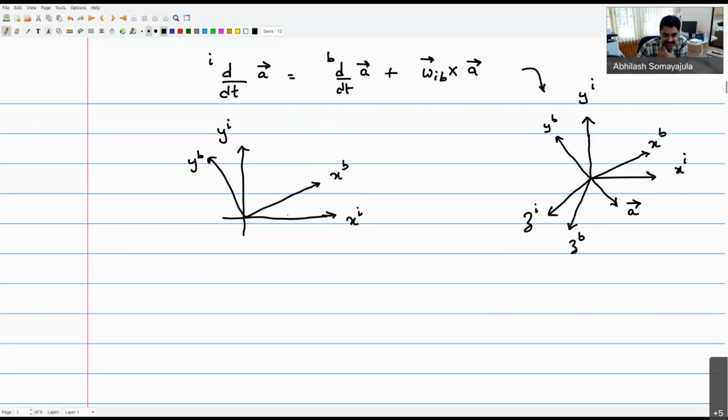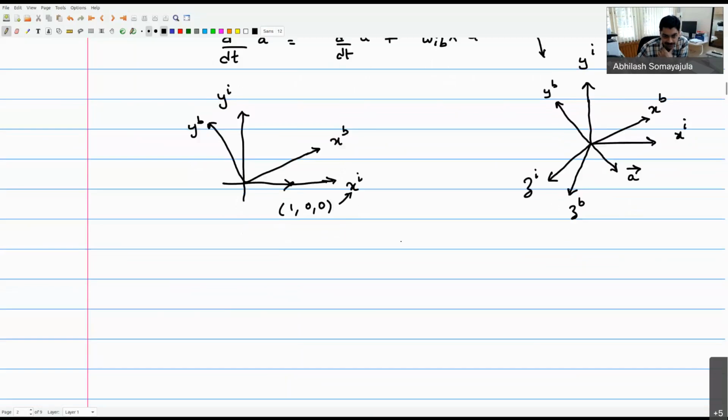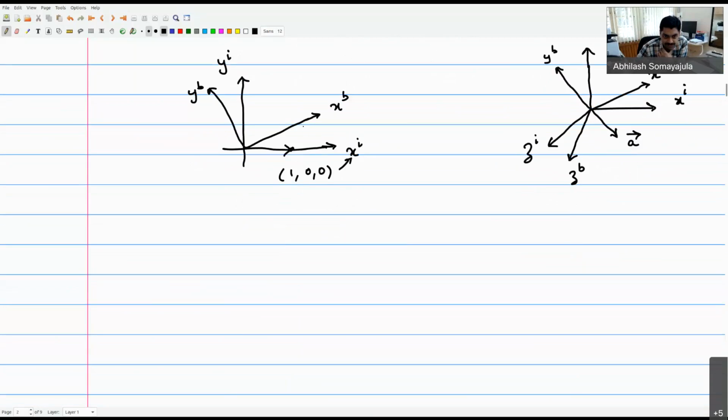Now let's say that my original vector A is not a time varying vector, and that it has components 1, 0, 0 in the inertial frame. Now assuming that this body coordinate frame is rotated by an angle psi, can you tell me what is the position vector of this vector A in the body fixed frame?